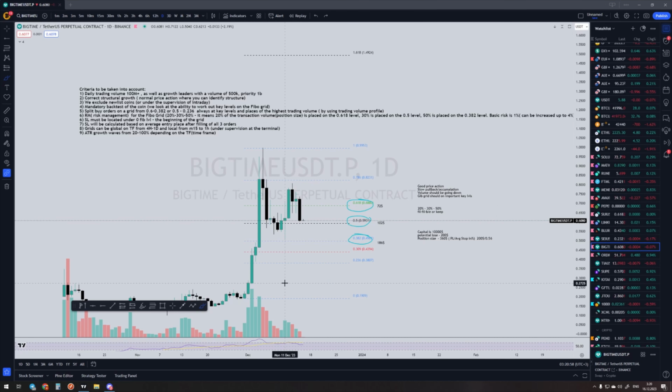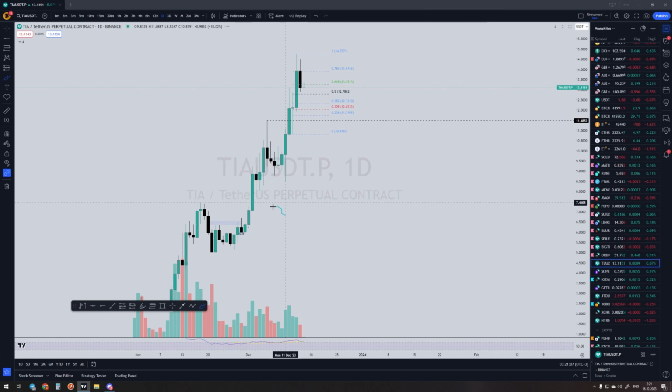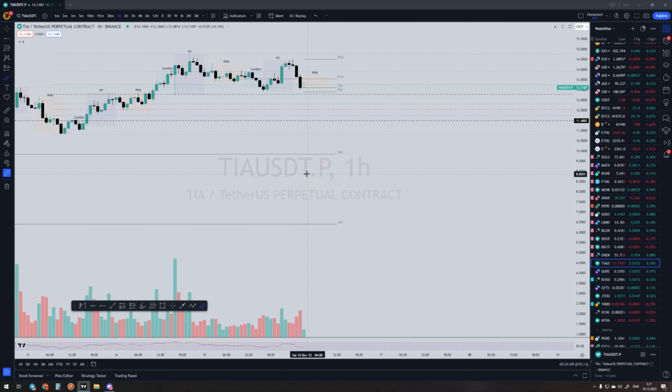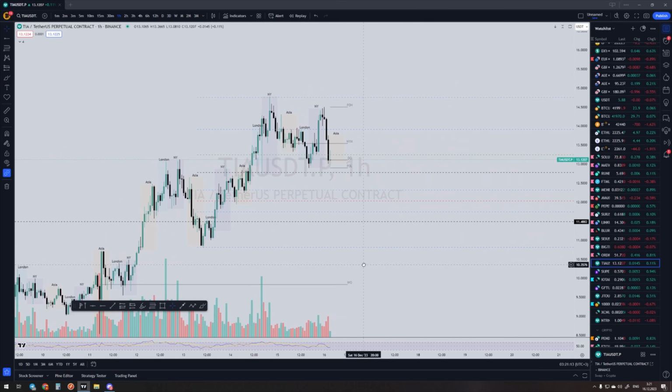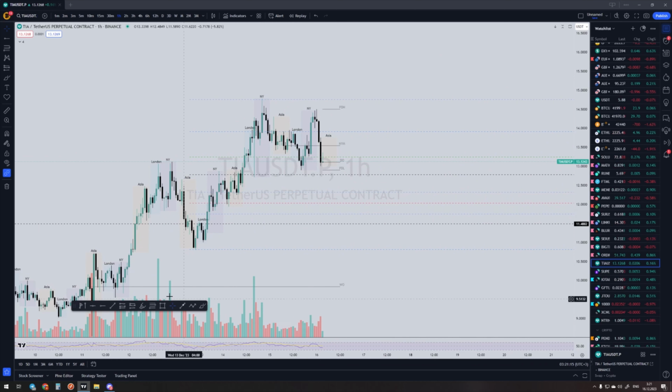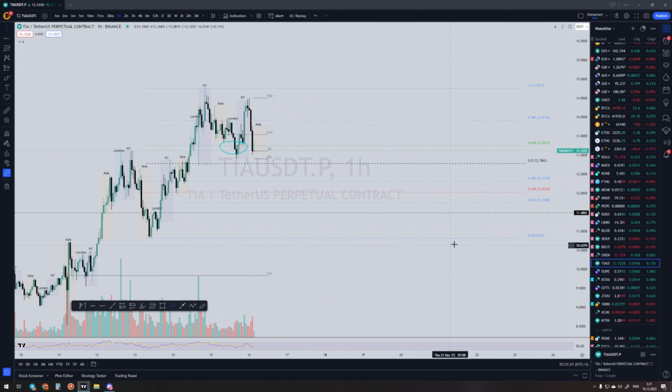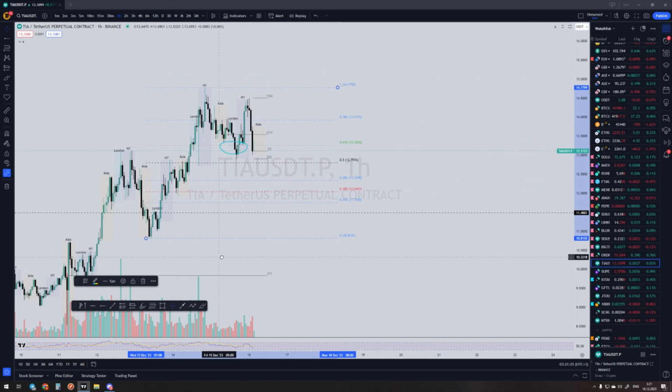Now I'm gonna show you examples of when I use the strategy. Just today, I used the strategy on this coin. It's called TIA. So I set my limit order right here on the 0.61 fib, right?